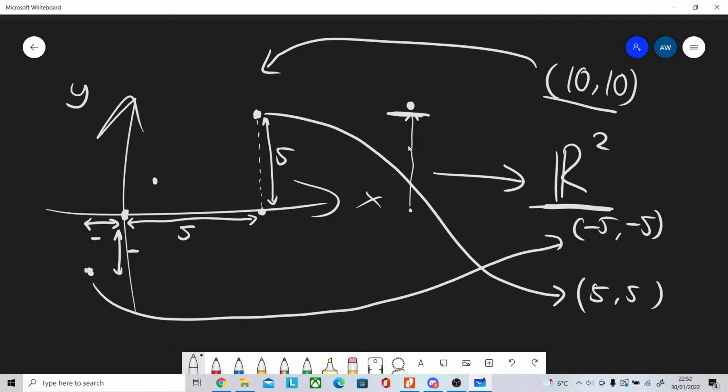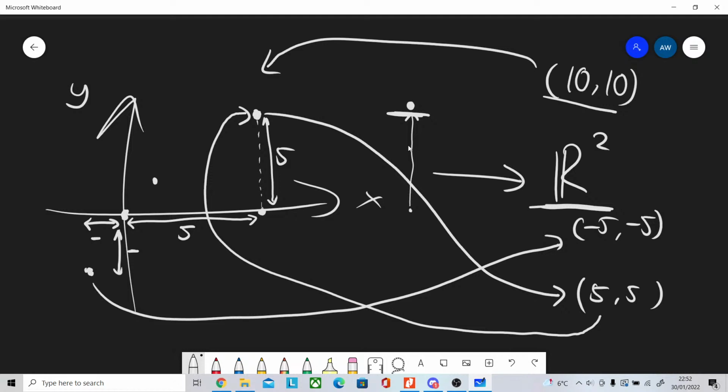The mapping that we just described is reversible, for obvious reasons, right? If we send this point back to R squared, we would get (5, 5). And if we were to send the point (5, 5) back into the plane, we would reach back to the same point again.